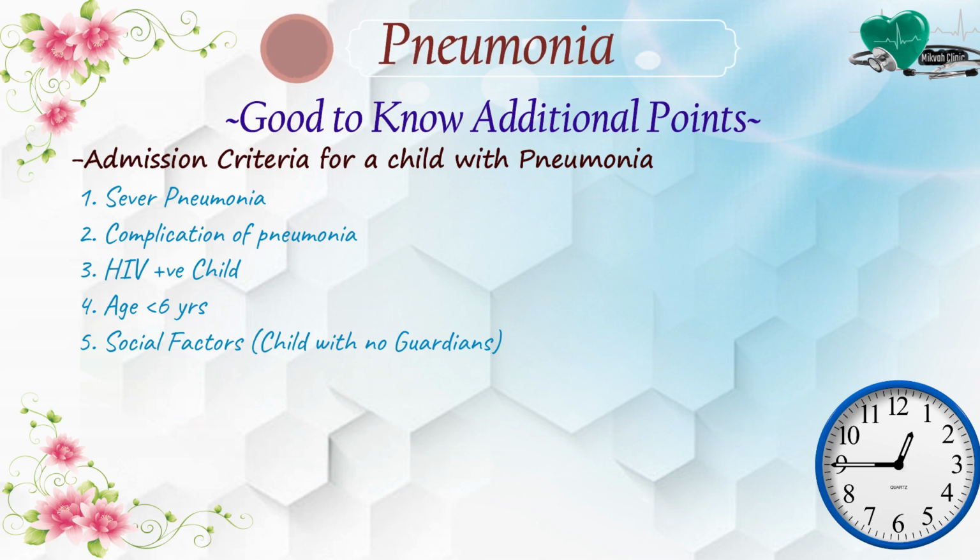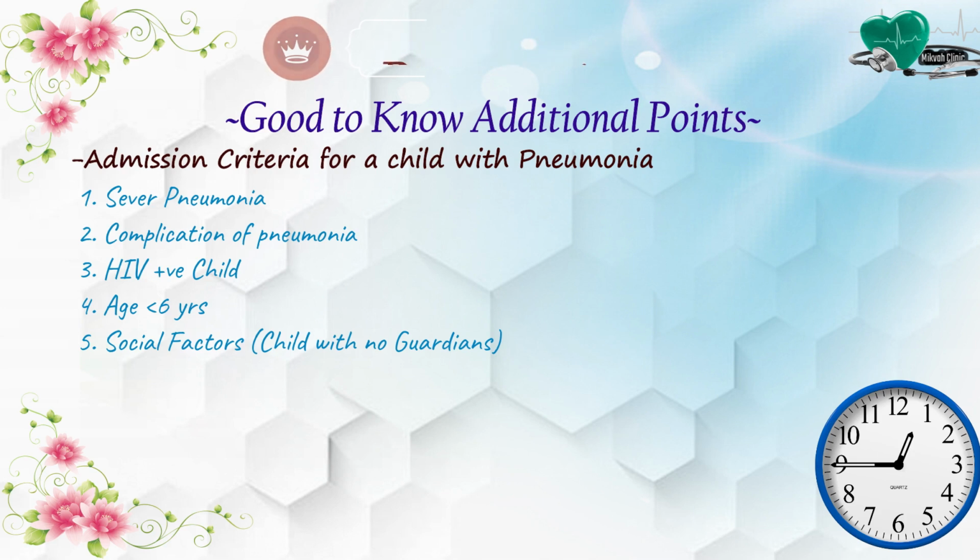The other things are age less than 6 months and social factors, especially for children who don't have any guardians or parents. For this reason, we may admit a child to the hospital. So these are some of the admission criteria for a child presented with pneumonia.